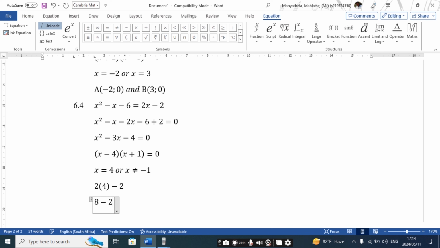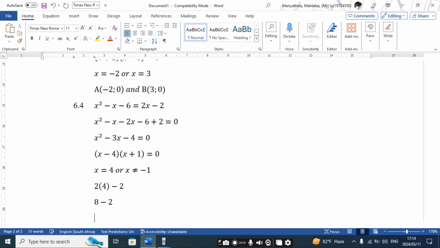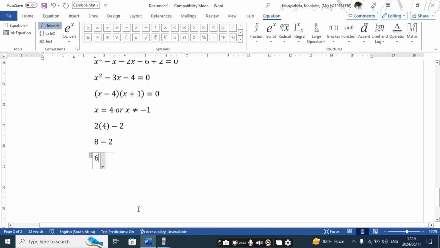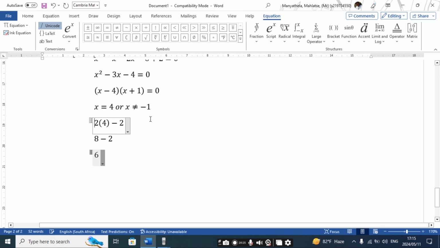So we are going to have positive 8 minus 2. And 8 minus 2 will give us positive 6. So the y value is 6. Okay, let me just show that we are determining the y value. The y value is positive 6.